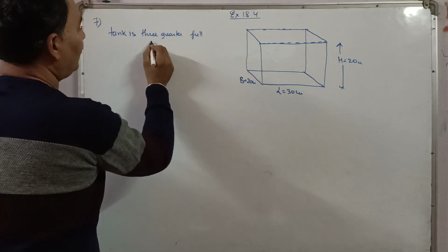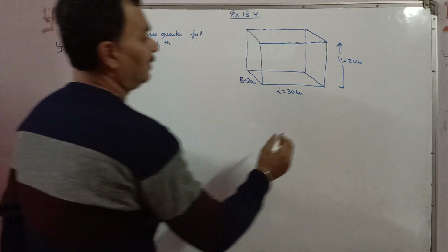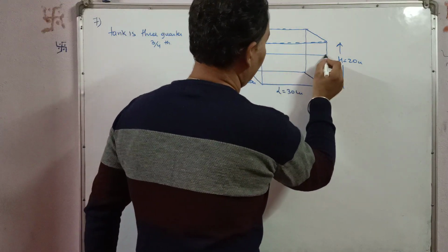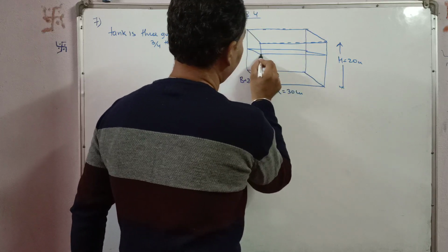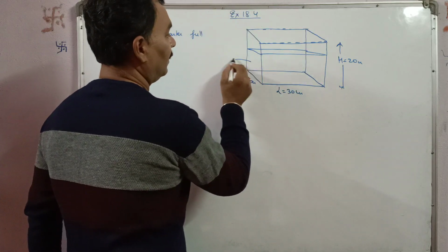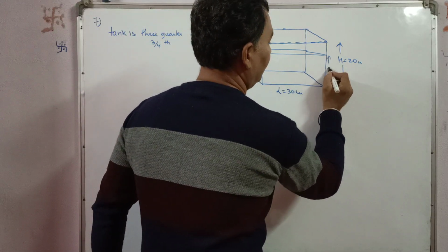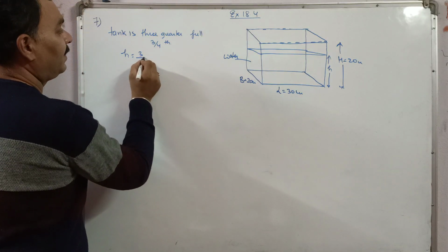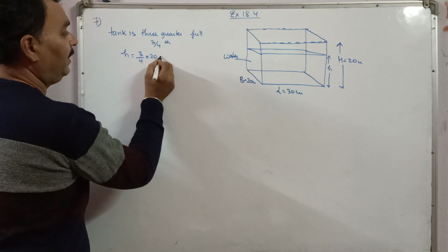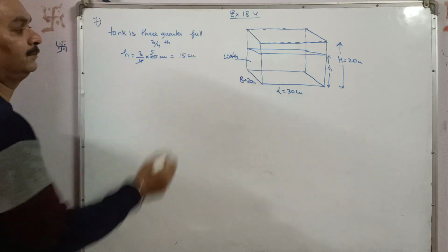That means the water is filled up to this height. Say this is a small height h. Now this h will be 3/4 of 20 centimeter, or 15 centimeter.